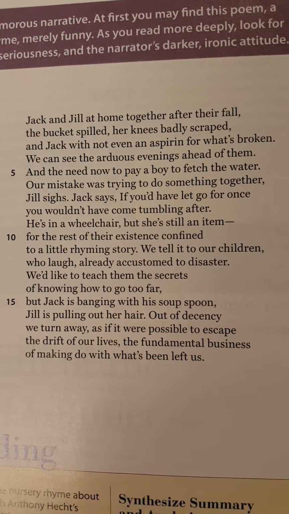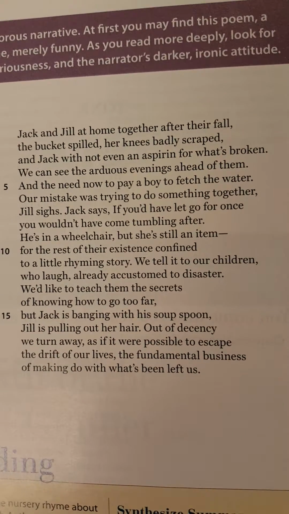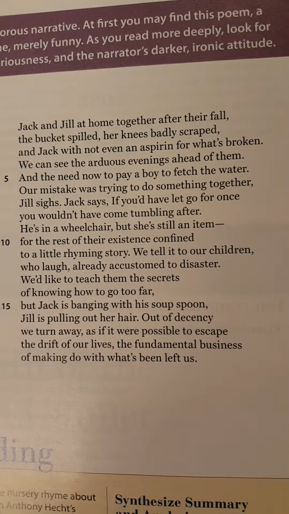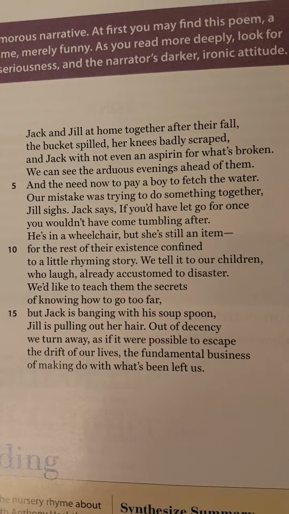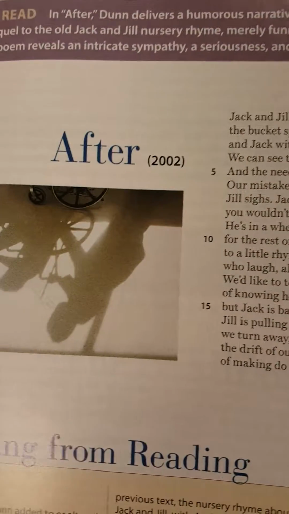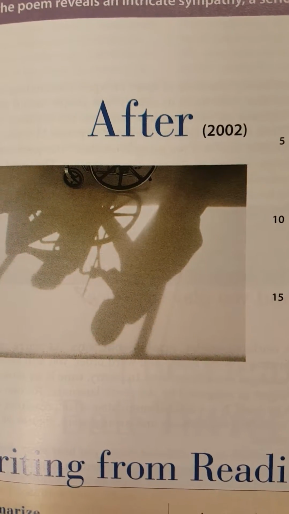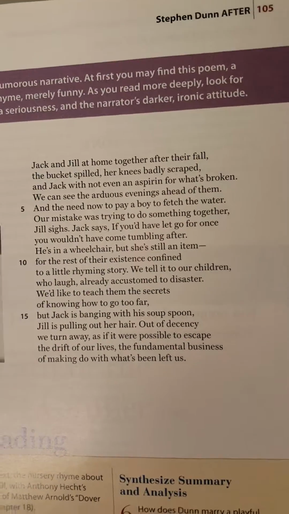Jill is pulling out her hair. Out of decency, we turn away, as if it were possible to escape the drift of our lives, the fundamental business of making do with what's been given us. The name of the poem is called After. And again, Stephen Dunn was the author of that poem.